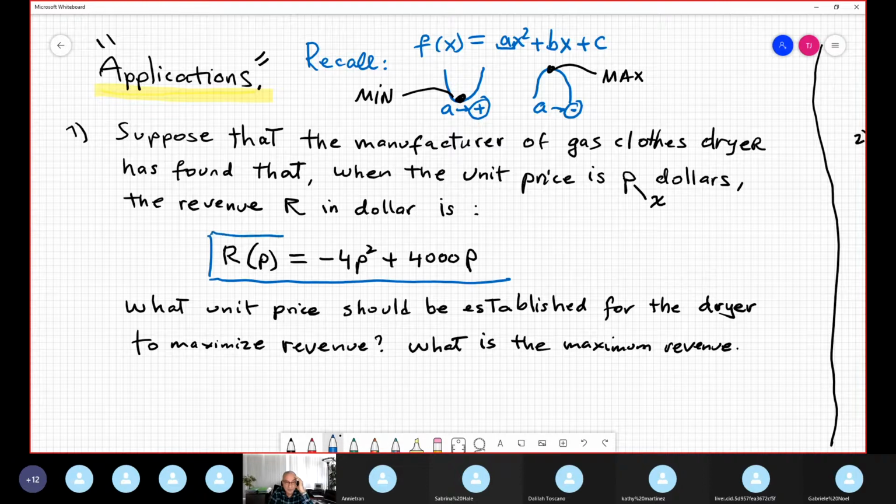This formula is always given, you know. And you recognize that this looks like a quadratic function because the exponent 2 declares it perfectly quadratic, degree 2.